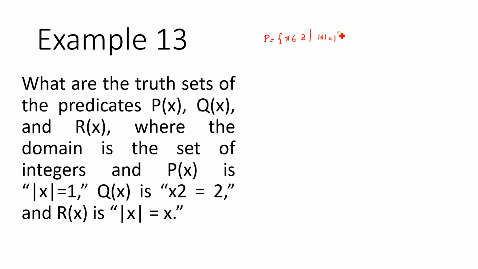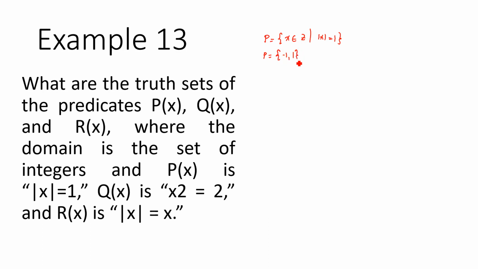This is the set of integers for which the absolute value of x is 1, because the absolute value of x is 1 when x is equal to 1 or x is equal to negative 1, and for no other integers x. The truth set of P is negative 1 and 1.